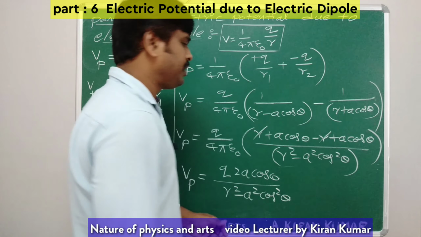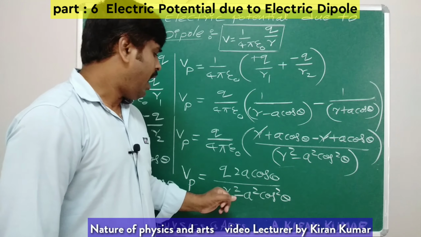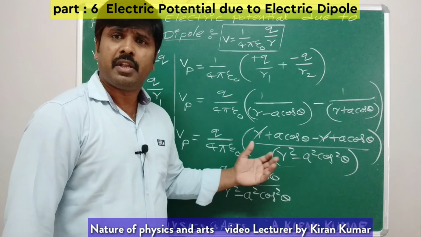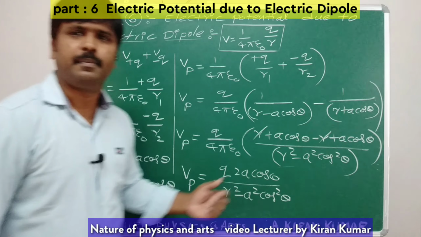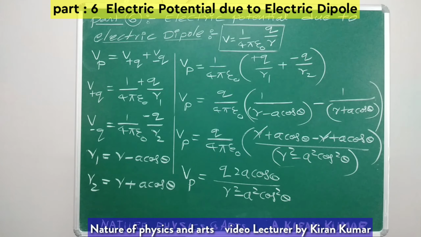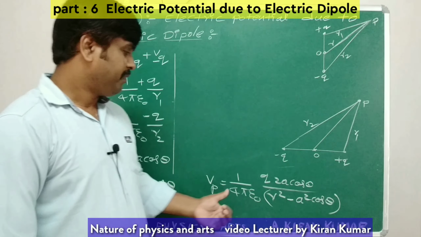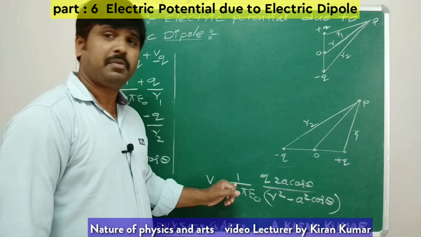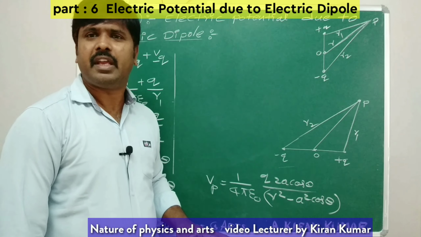This is the potential equation we got. Here, for comparison, R is very much greater than A cos theta. Sorry, we made one small mistake: I forgot to write 1 by 4 pi epsilon naught in the last step of the equation.